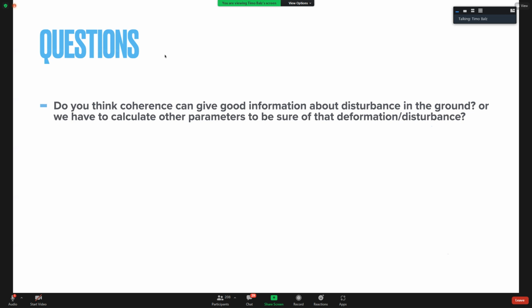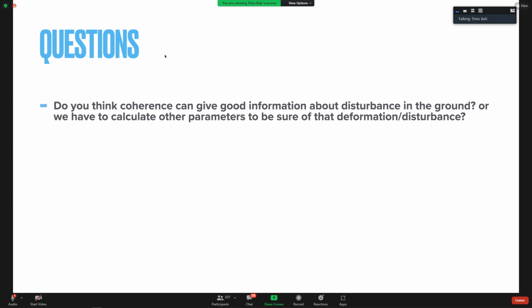Okay. So yes, we have very good information about changes on the ground in the coherence. Our main problem is rather that the coherence is too sensitive for many change operations that we are interested in.